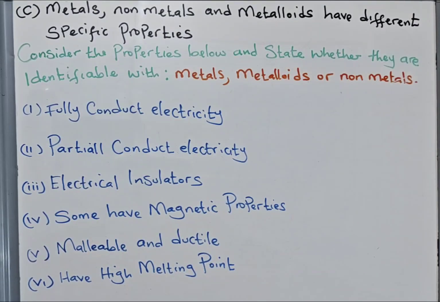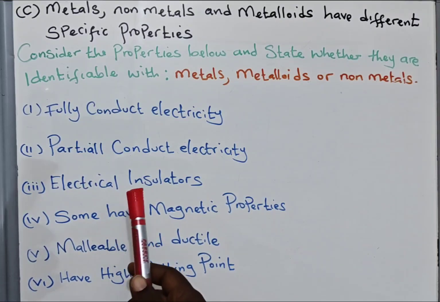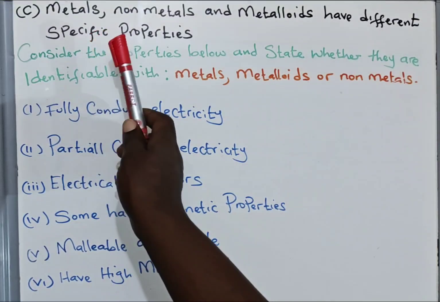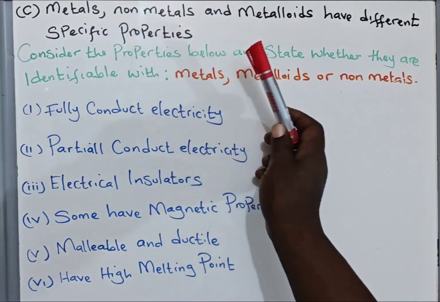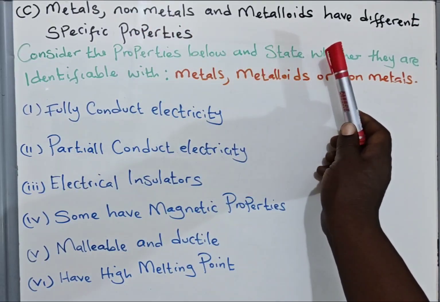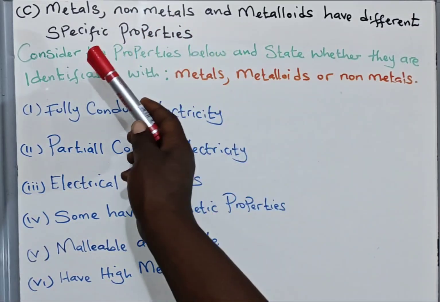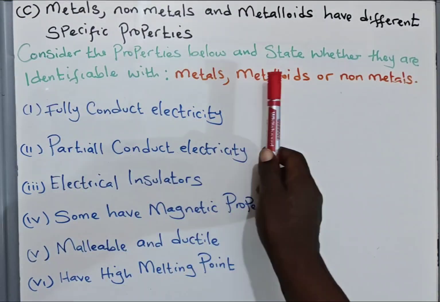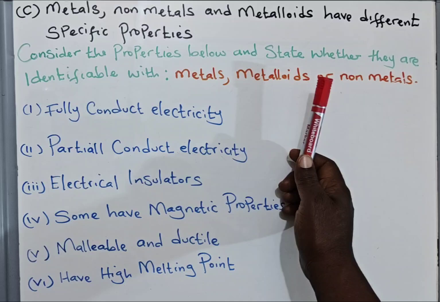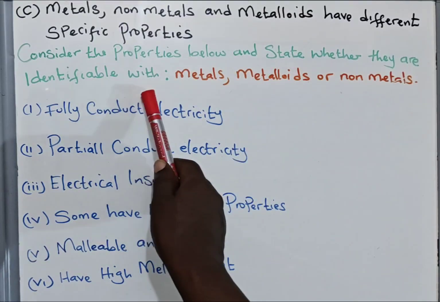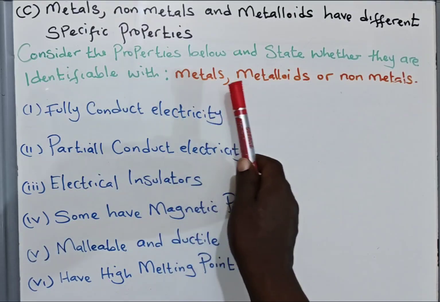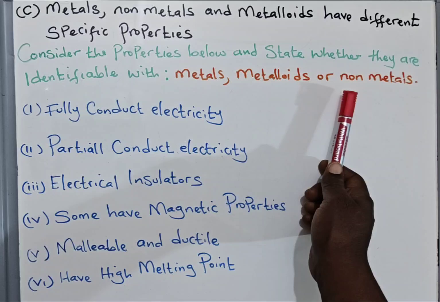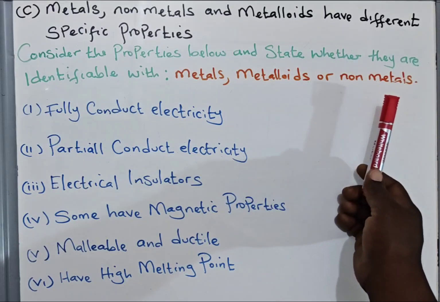Then we come to this part. It says that metals, nonmetals, and metalloids have different specific properties. Consider the properties below and state whether they are identifiable with metals, metalloids, or non-metals.